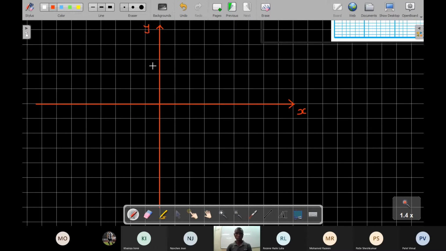Now here I'll have 2, I think I'll use 2. 4 here, and then here 6. Then here it will be 8.